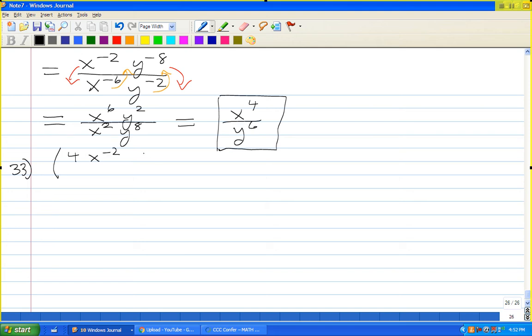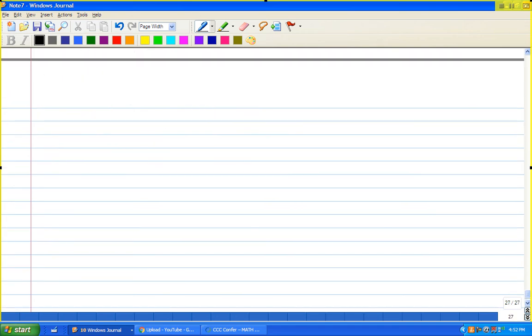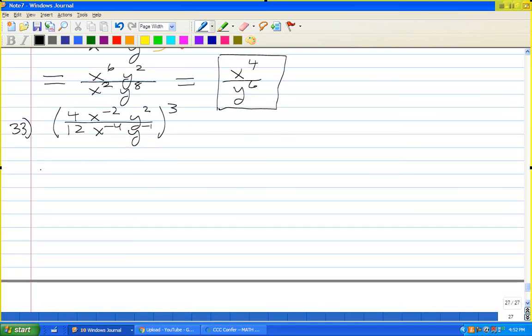4x to the negative 2, y squared, over 12x to the negative 4, y to the negative 1, all cubed. Well, let me simplify what's inside the parentheses first. 12 divided by 4 is 3.